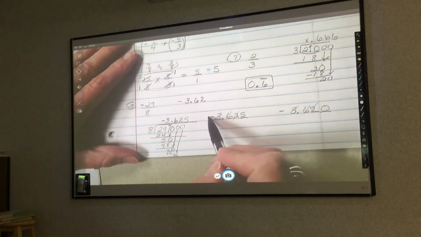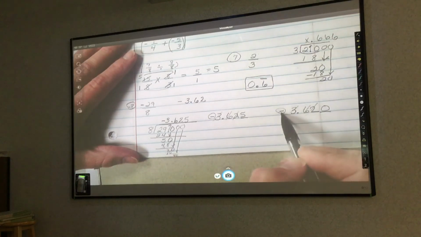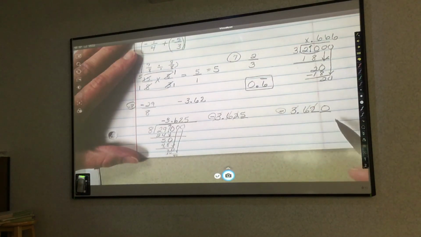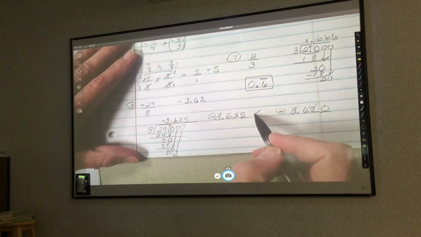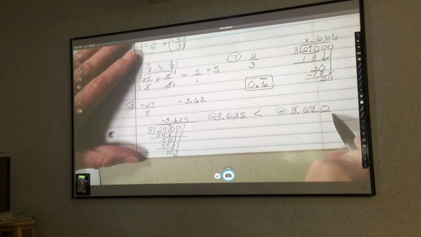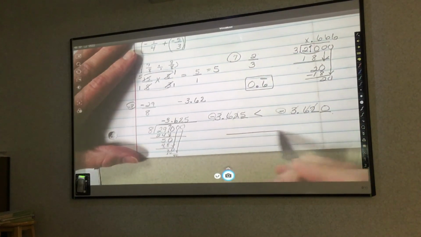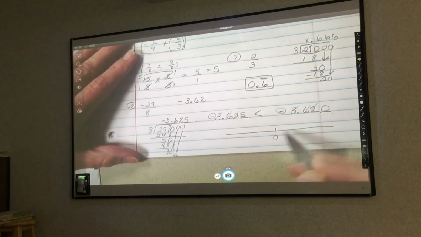Now, these are negative numbers. So most of you want to say that 5 is greater than 0. However, not with the negative. A negative 5 is less than a negative 0. Because if I've got my number line, here is 0, and I go to the right, those keep getting bigger.